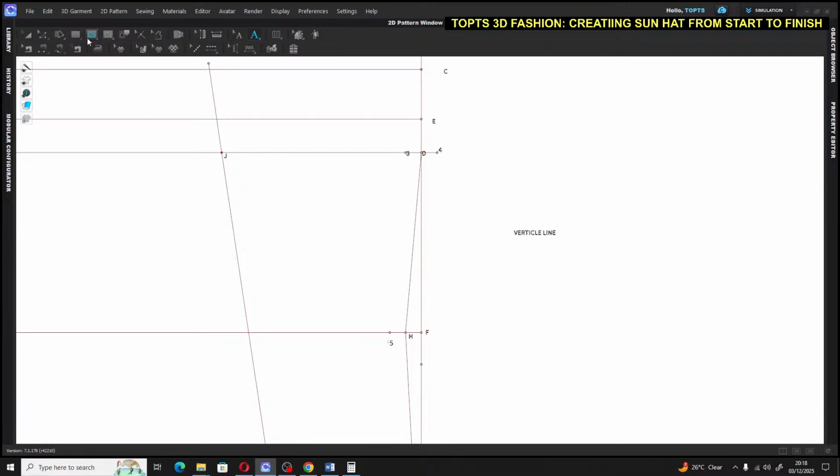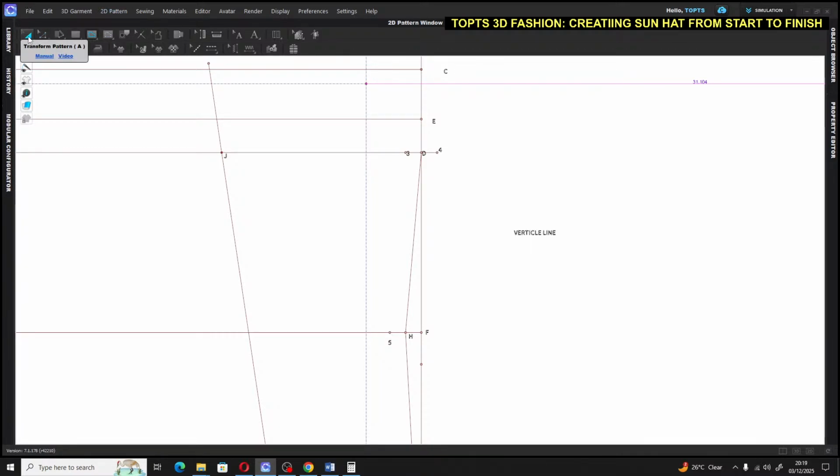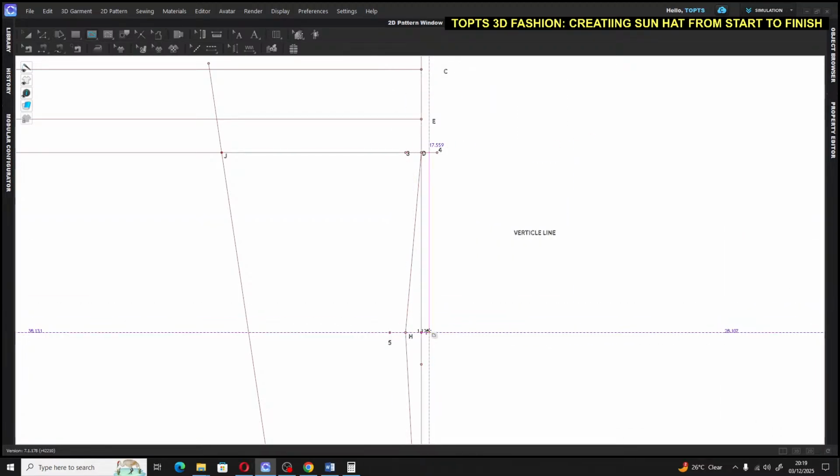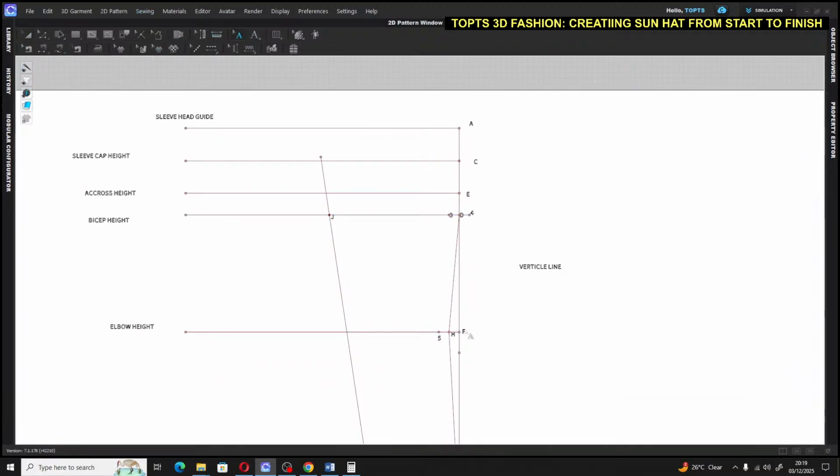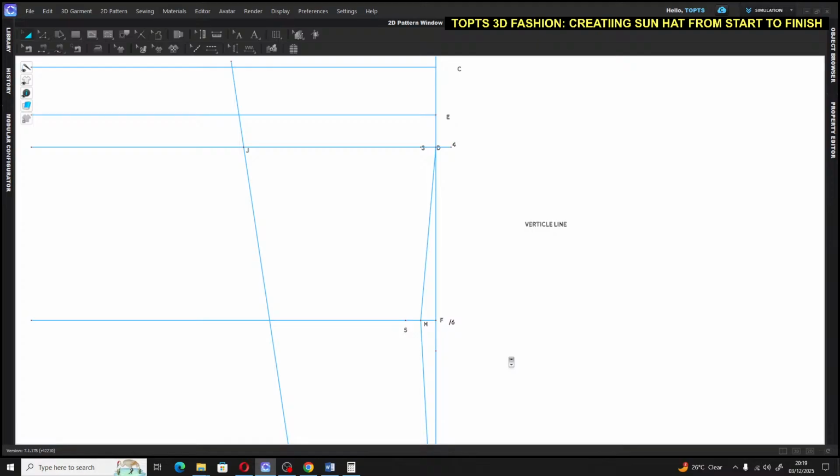Then also from H still, which is the elbow point, we are marking outwards 0.75, which takes us to point F. So we are going to edit point F as F stroke 6.